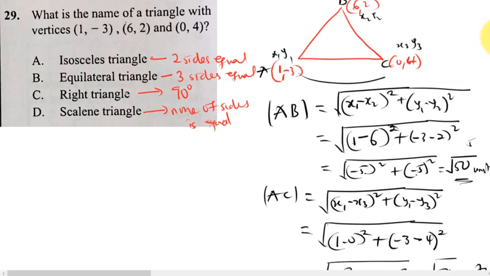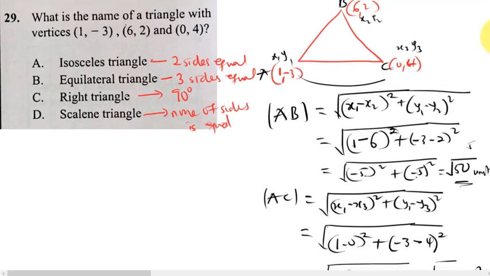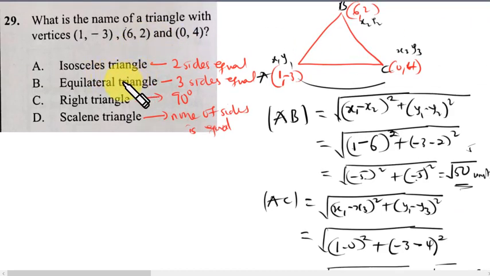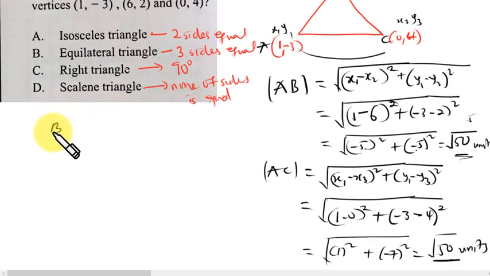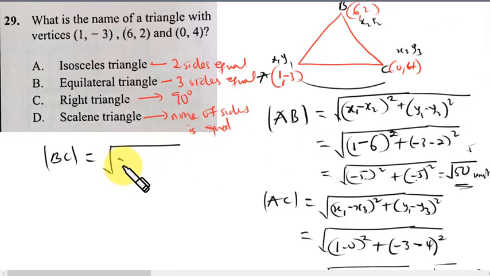All right, so let me check the third one. If the third one is also root 50, then that means it is an equilateral triangle. But if the third one is not root 50, then that means it is an isosceles triangle. So the last one is BC, the length from B to C, and it is between the two vertices, that is x2 and x3. So I say x2 minus x3 all squared, plus y2 minus y3 all squared.